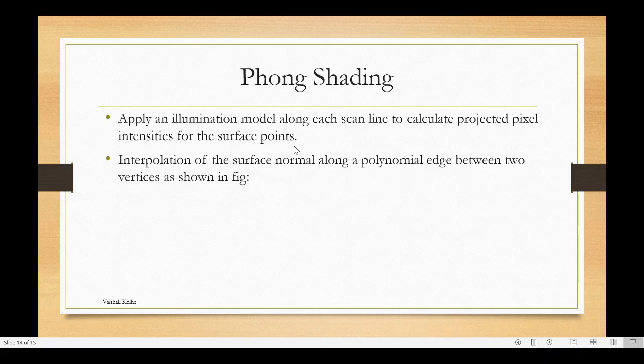Once we get the value for the normal with the interpolation technique, it applies the illumination model along the scan line to calculate the pixel intensity. Interpolation of the surface normal along a polygon edge between two vertices is already shown in the diagram.